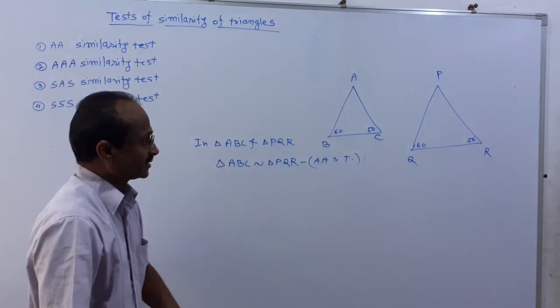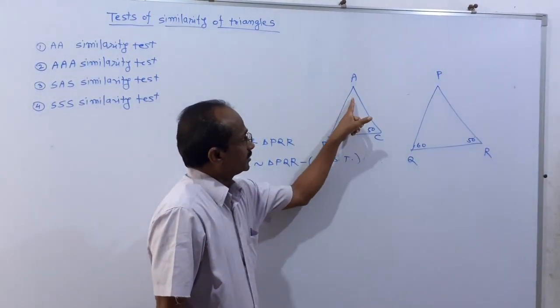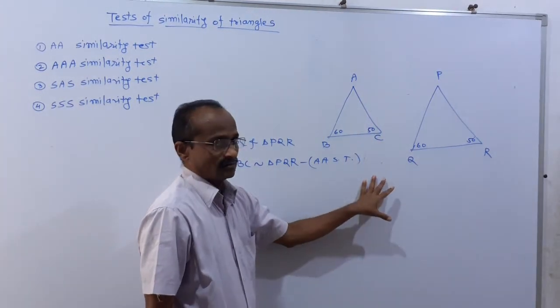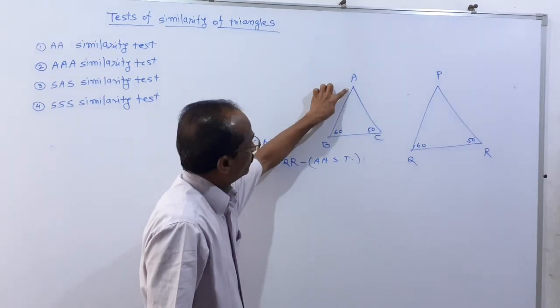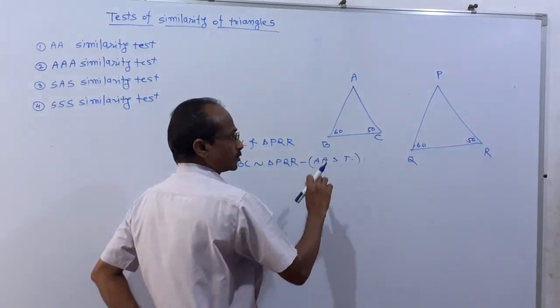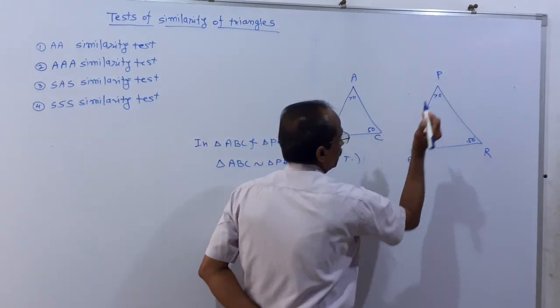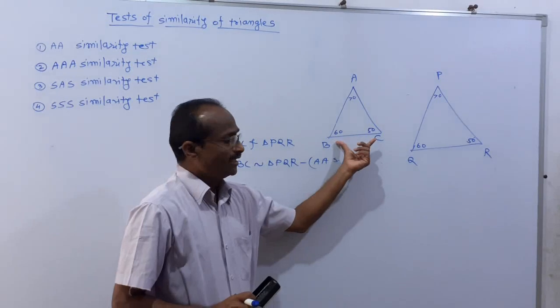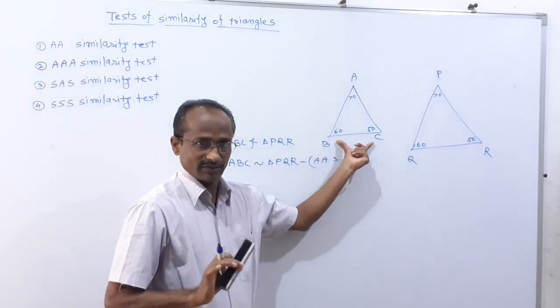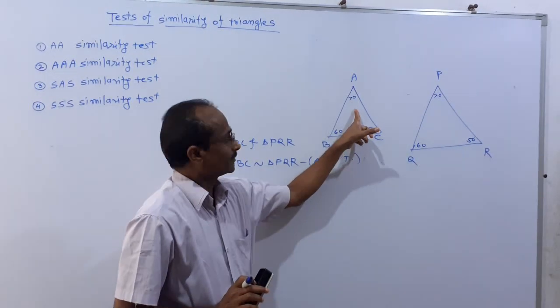Why? Because we know that in a triangle, the sum of the three angles is 180 degrees, and therefore the measure of angle A equals 70 degrees as well as angle P equals 70 degrees. It means that if we know any two angles of a triangle, then we can find the measure of the third angle.